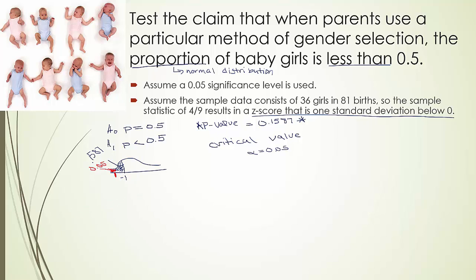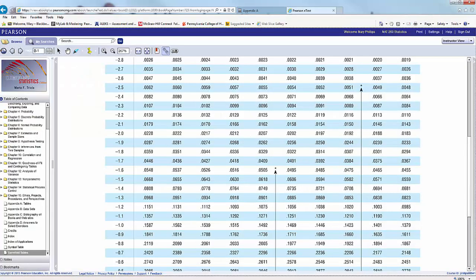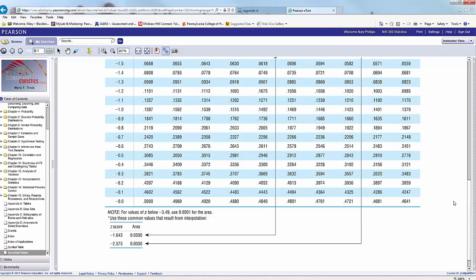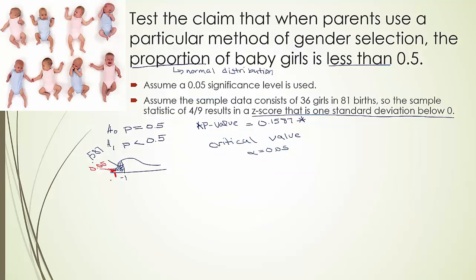So let's go back to our z-table, and if I'm looking for an area of 0.05, we've done this before, it's right between these two, it's at that little asterisk. So if I go to the bottom of my chart, that gives me a z-score of -1.645. So this z-score is negative 1.645. And then I can compare these two, my test statistic here, the negative 1, and my negative 1.645.